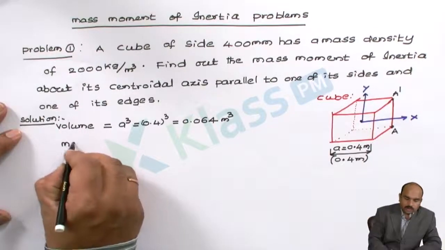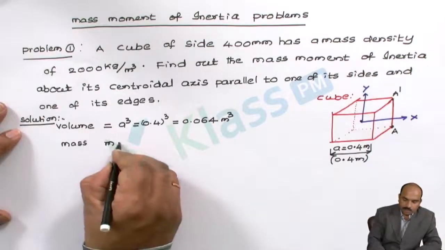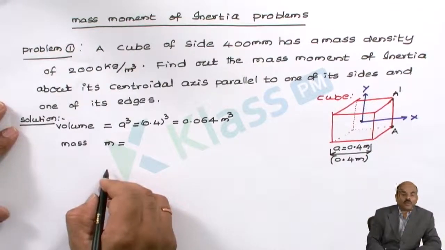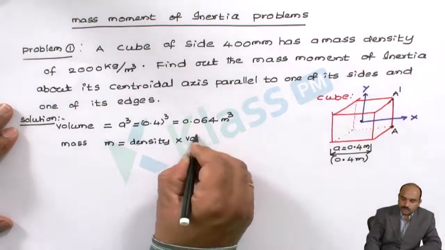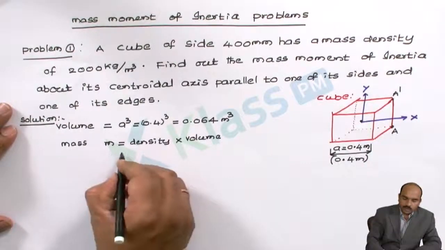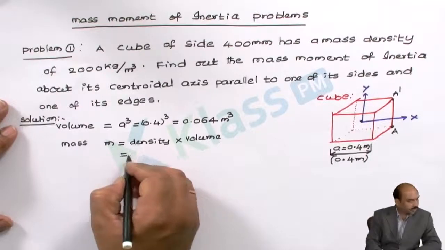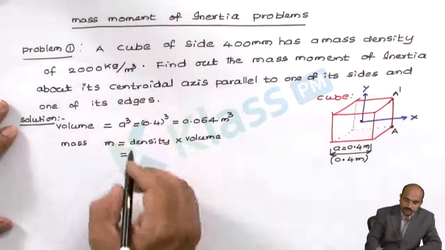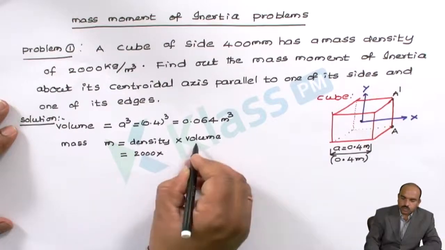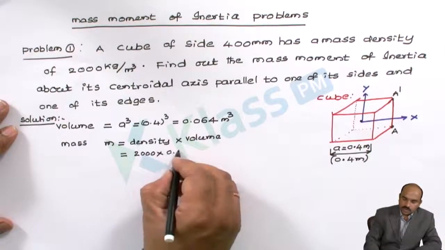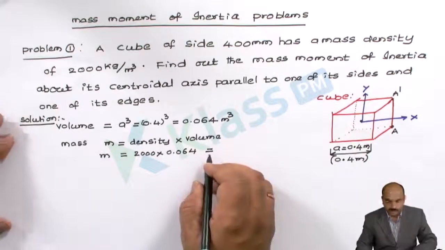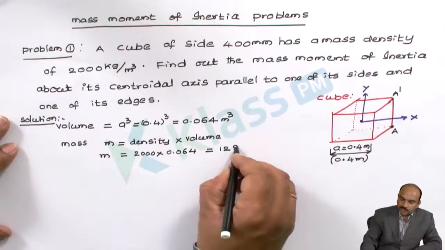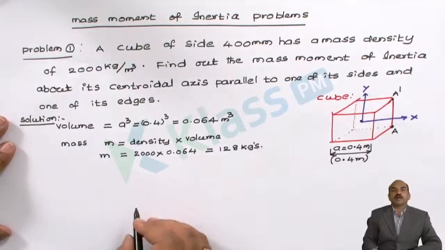So the mass m equals density into volume, that is 2000 into 0.064. So we get 128 kg. The mass of the cube is 128 kg.